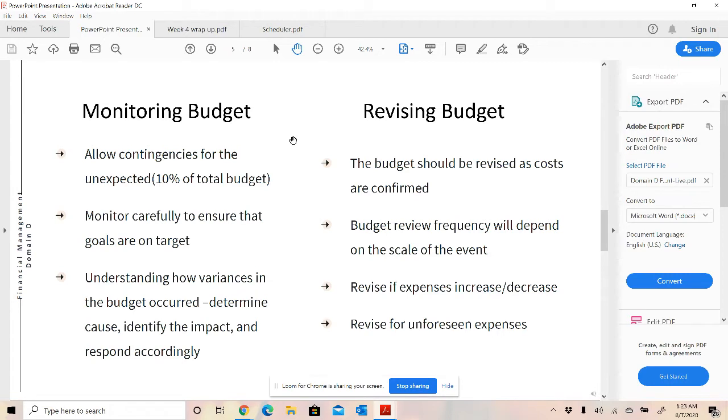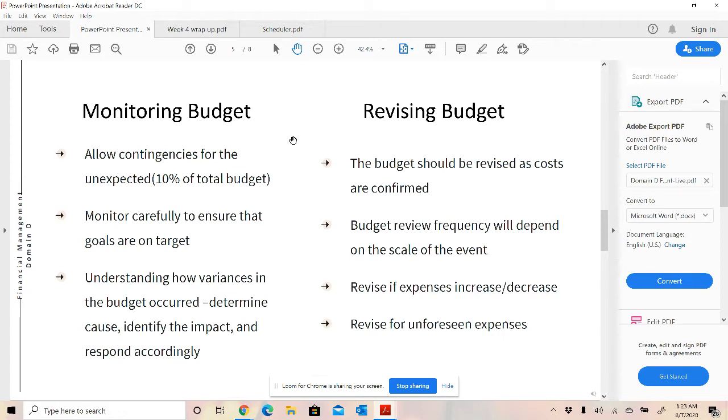That goes without saying. Revise if expenses increase or decrease. Again, catering menus, depending on how far out you booked, generally are locked in around 6 months before arrival. So you may have some expenses that have increased or decreased, not necessarily decreased, but you never know. And then revise for unforeseen expenses.